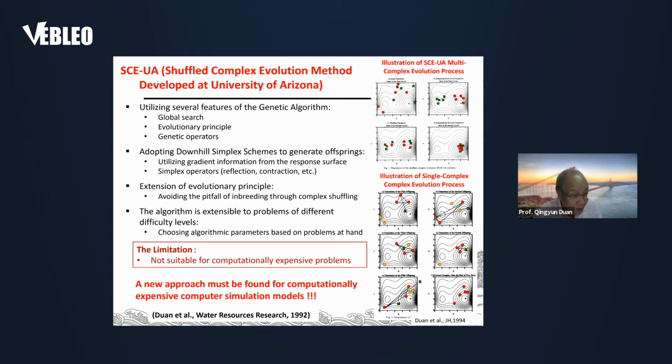So I decided to solve this problem by extending the evolutionary principle by partitioning the population into sub-populations. People say it converges to a local optimum because you have this genetic disease in the community. When you generate offspring, the inheritance of the genetic disease makes it converge to a local optimum.